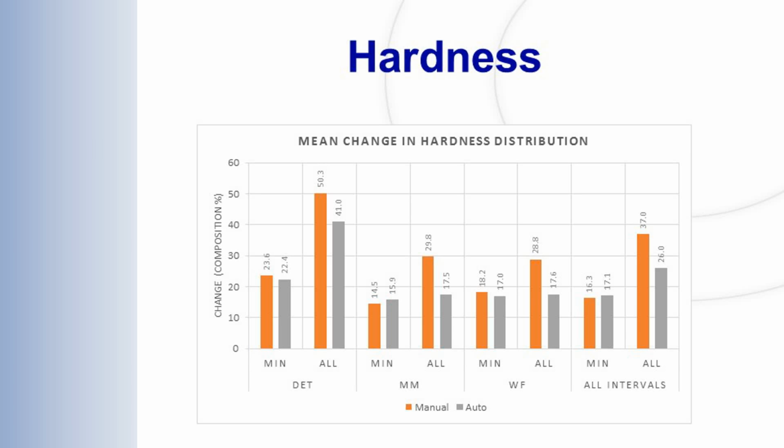Generally it's fairly consistent, especially for the mineralised intervals. Once again, the all columns here include the waste intervals, and less attention is generally paid to those during manual validation, which could explain why this value, for example, is a bit higher than the auto-validated value. But otherwise we're getting fairly similar results, which we're really happy with.